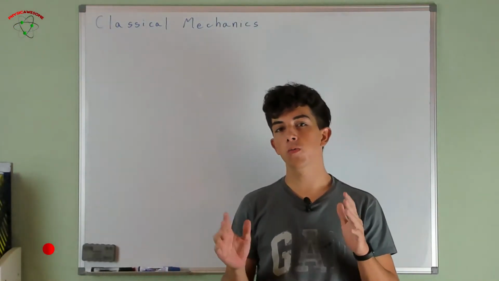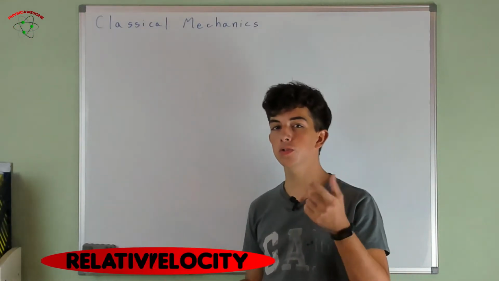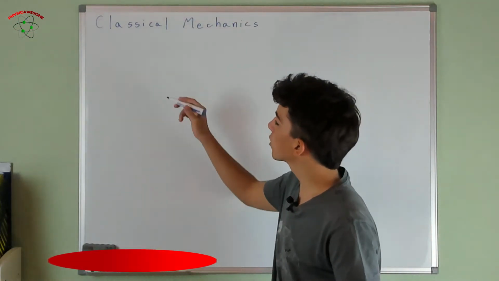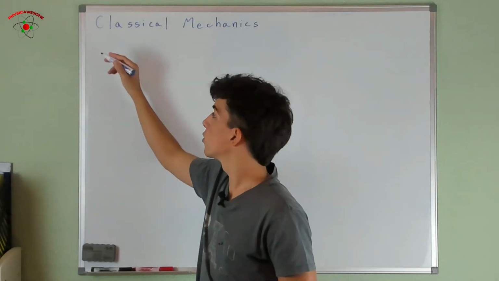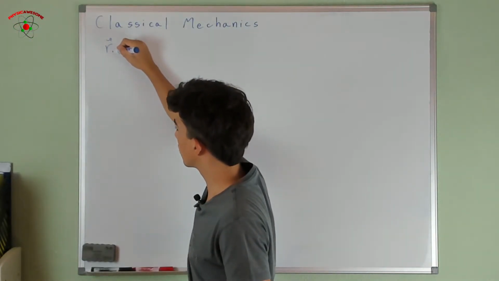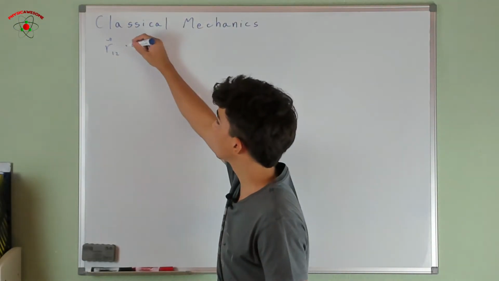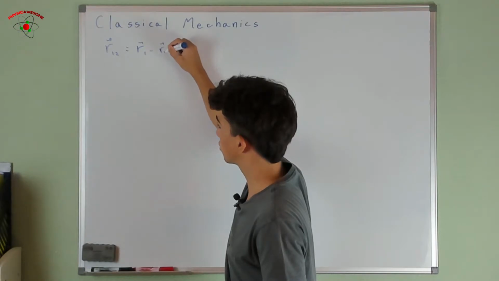Great, now we'll explore relative velocity. We're going to make some changes to the notation we had earlier. We're going to call the vector that goes from 2 to 1 R12, just because it's more convenient and it's easier to memorize that it's R1 minus R2.